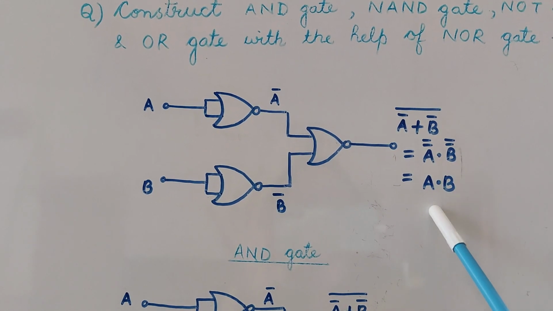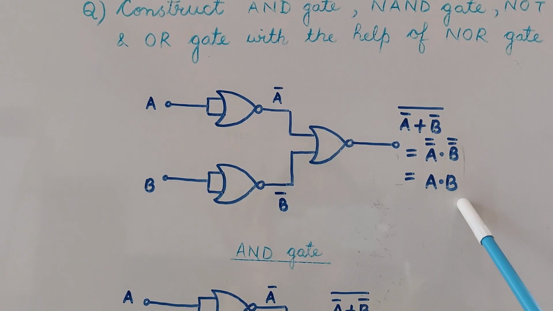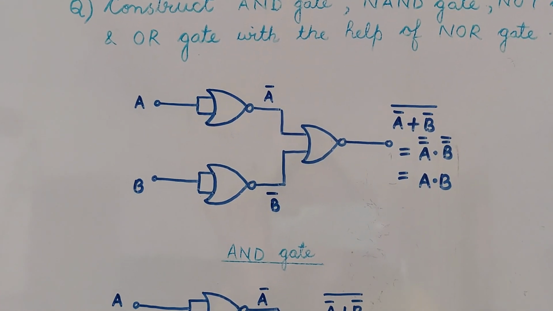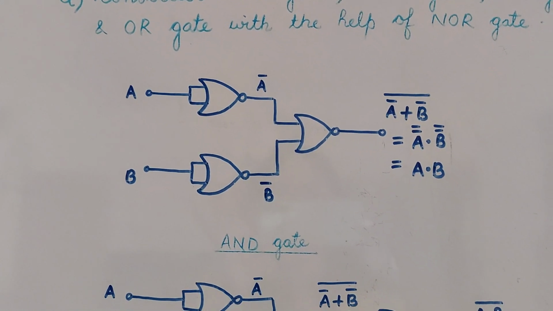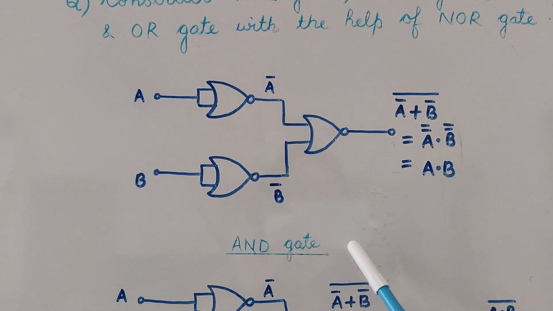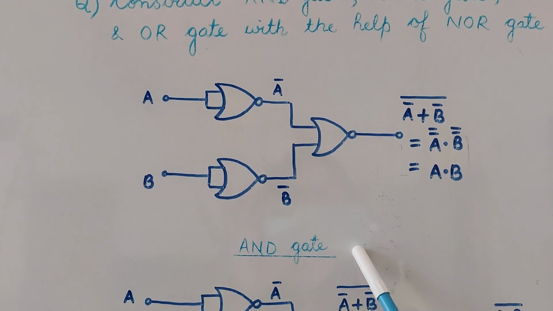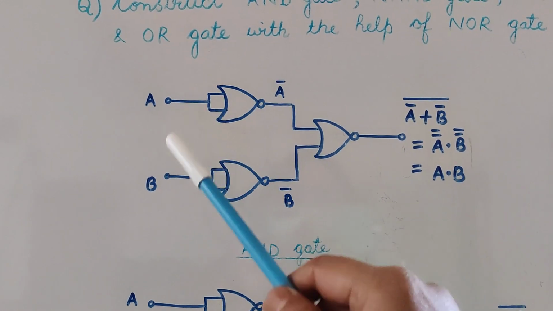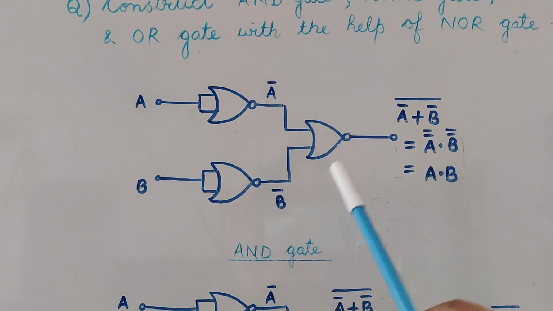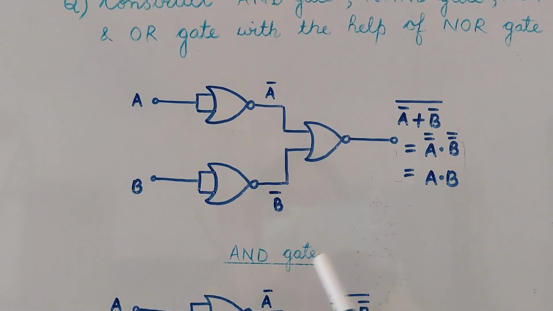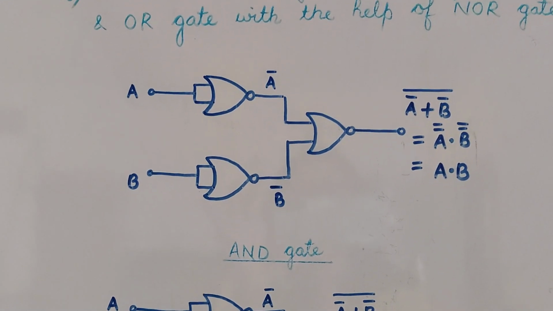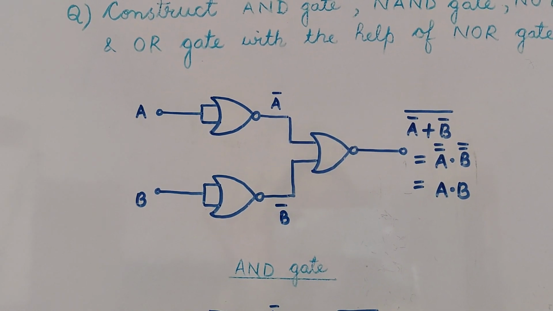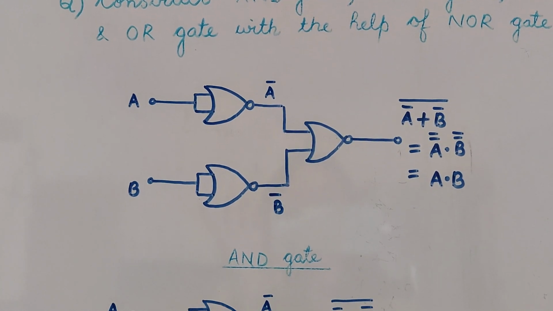So A double complement will be equal to A, B double complement will be equal to B. So the output of this gate comes out to be A dot B, and we know from the formula of the AND gate that the output of the AND gate is the product of the inputs. So these 3 NOR gates together make one AND gate. So if we want to construct an AND gate with the help of NOR gates, then we will need a minimum of 3 NOR gates.